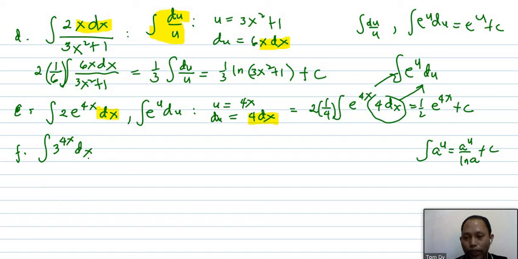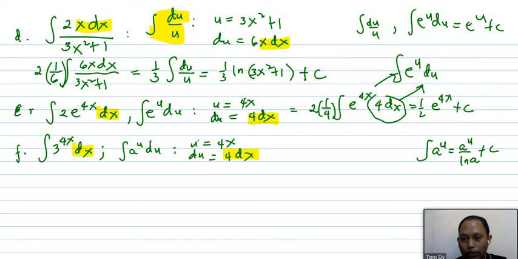So we have to identify first our u. If we make use of this formula, integral of a to the u du, then our u is equivalent to 4x, and then the derivative of u equals 4 dx. Again, this is 4 dx, and then this one is dx. So the only difference is this number 4. So we can make use of this formula.